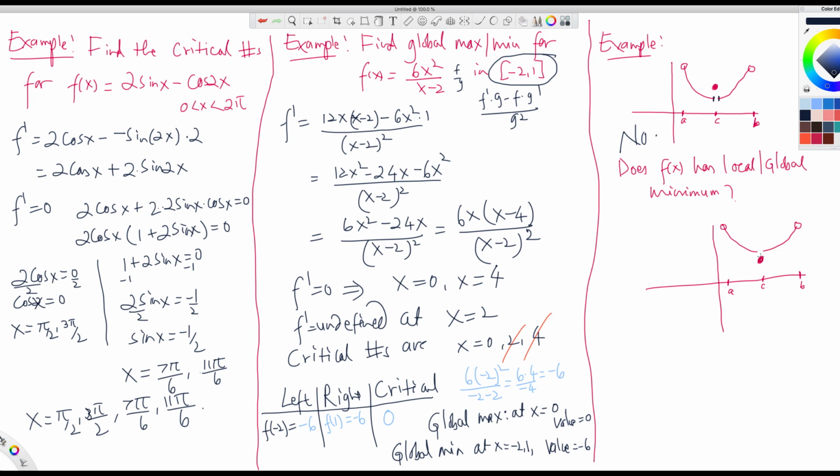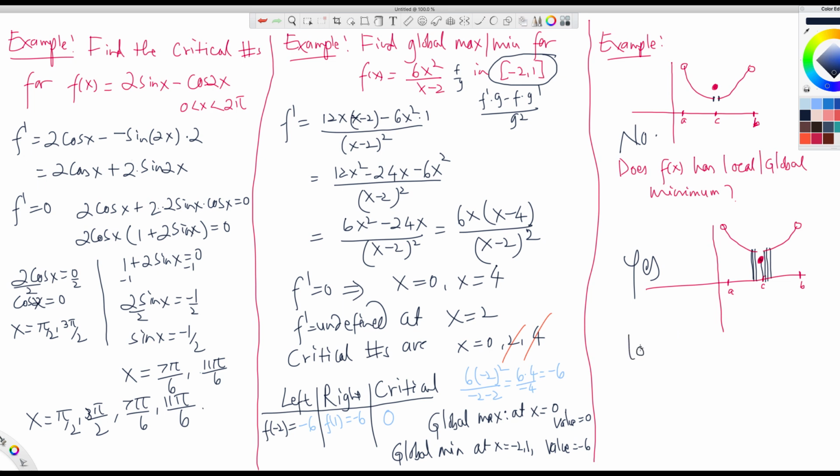How about here? Here it is yes, right? Why is that? Because to the left of C and to the right of C, all the heights are bigger than the height at C. This is the height at C, and to the left and right of C, the heights are bigger. Look at this. At C, the height is the smallest one.